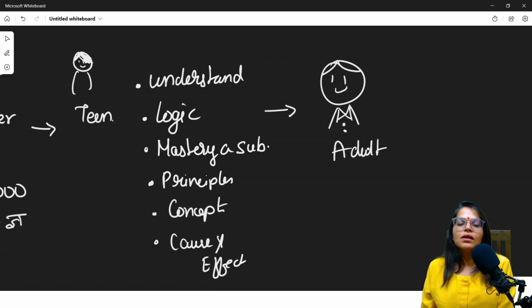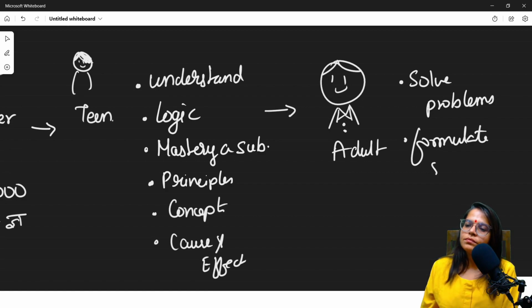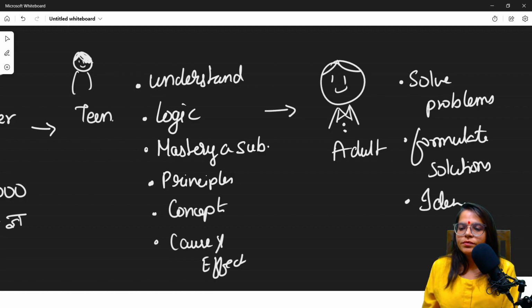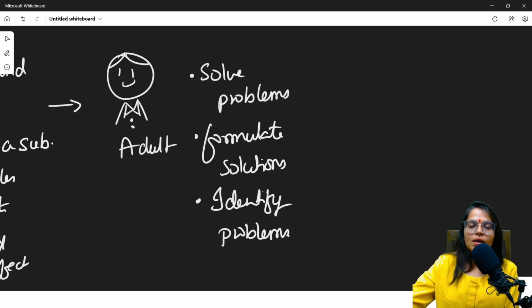And this adult learner will be able to solve problems, formulate solutions, and identify problems. So these are the main characteristics of an adult learner.